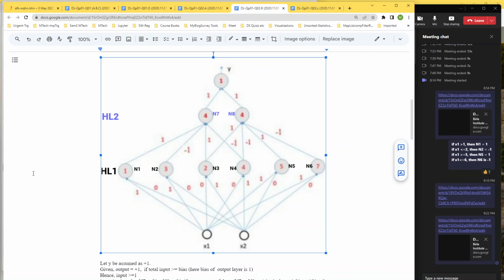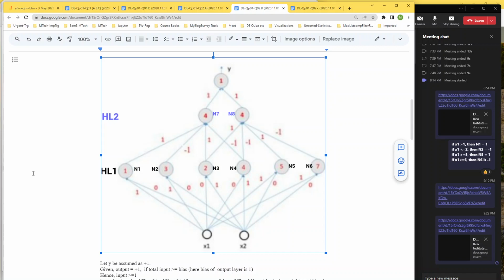So if you come back again, to have n7 as 1, the total input is supposed to come from N1, N2, N3, and N4, because they are impacting N7.